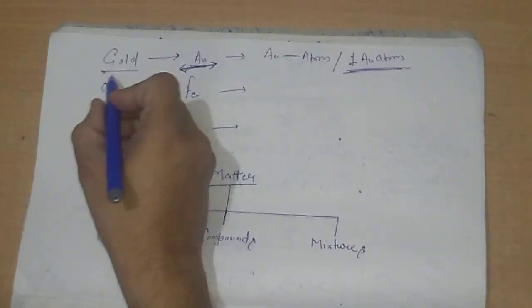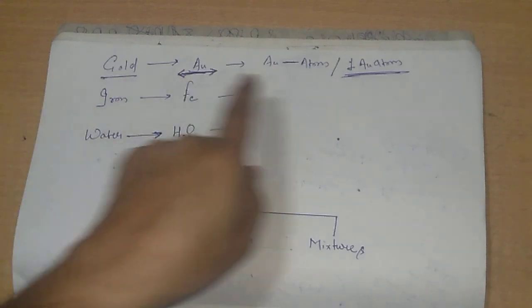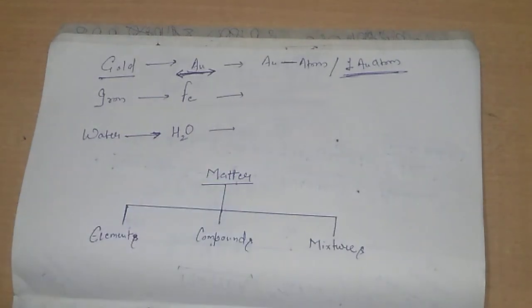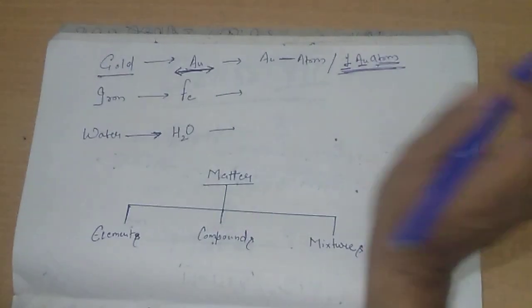The smallest entity of any gold substance or any object made up of gold is one atom, one Au atom, that means one gold atom, clear?